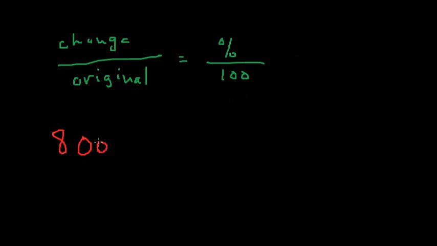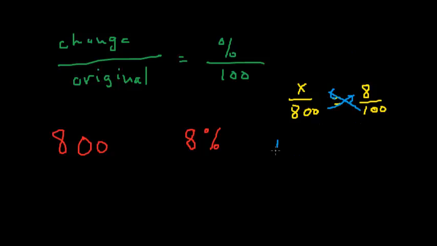So if I have a factory that's pumping out 800 thingamabobs a day, and I have a percent decrease of 8% in production, then how many fewer thingamabobs am I making per day? The unknown amount that changed over the original 800 is equal to that 8% over 100. As usual, cross multiply to solve.